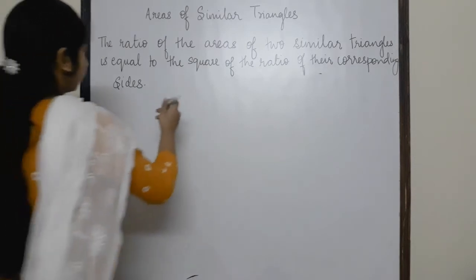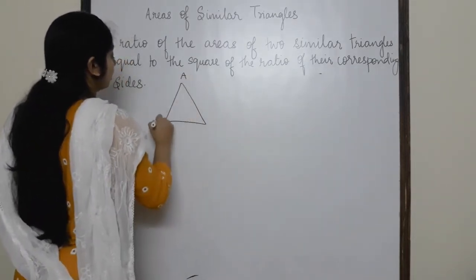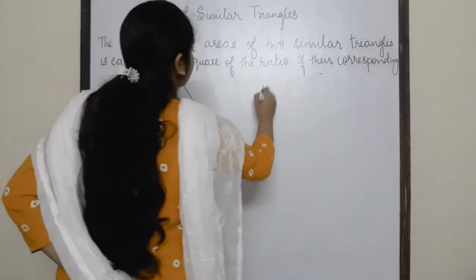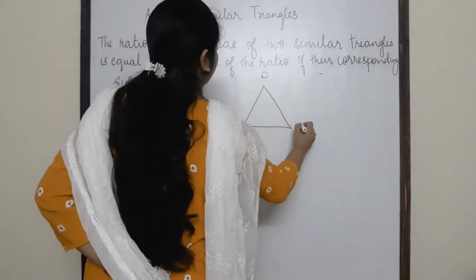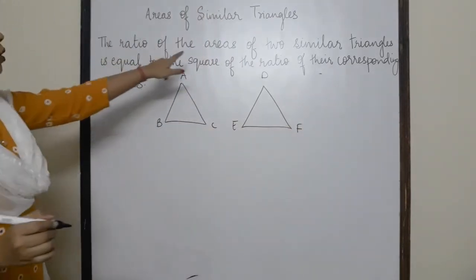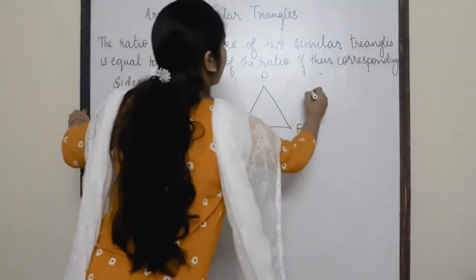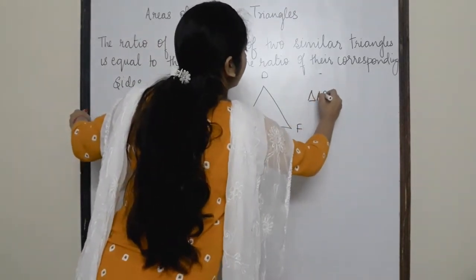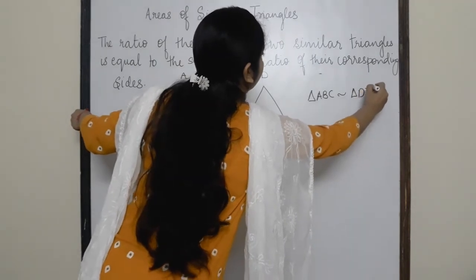That means if we have two triangles over here, say triangle ABC and triangle DEF, then the ratio of the areas of two similar triangles. Keep in mind that it is given triangle ABC is similar to triangle DEF.